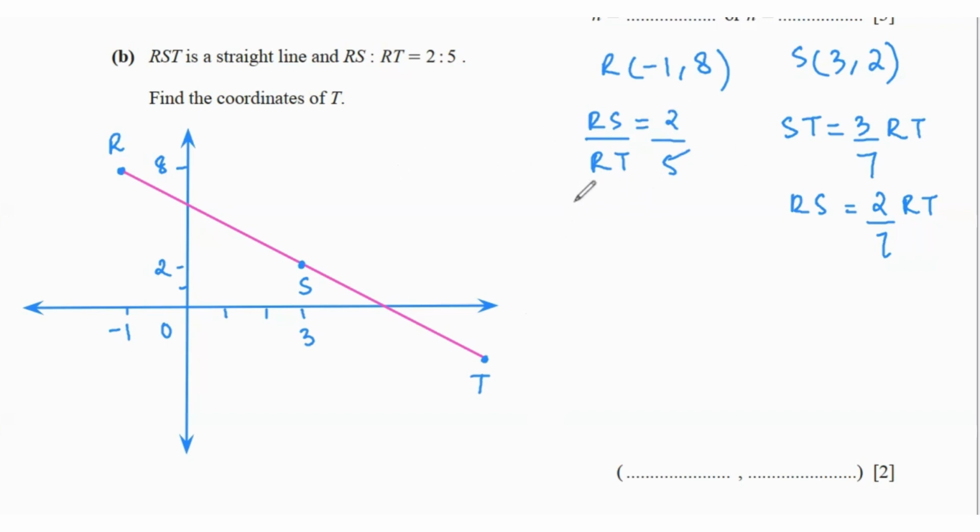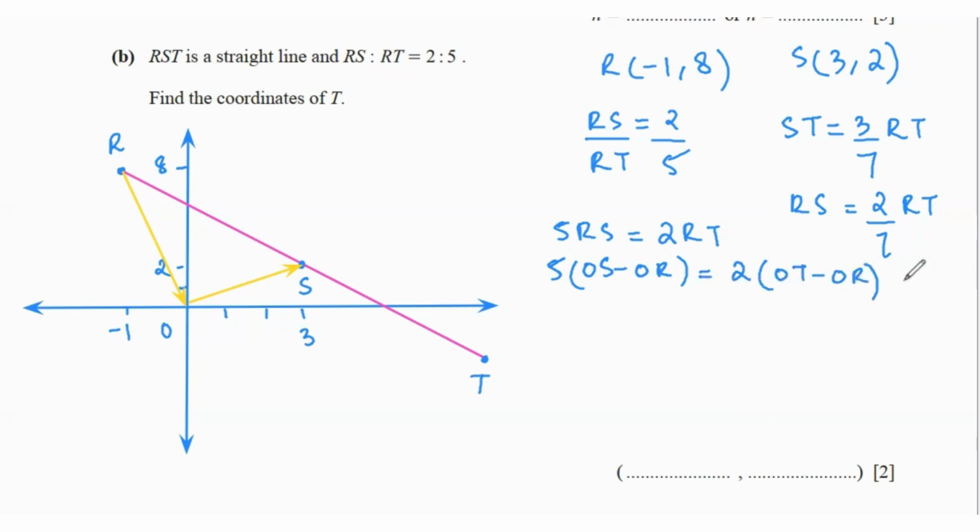If we cross multiply this, 5 times RS equals 2 times RT. Now RS is basically RO plus OS, that is OS minus OR. Similarly, RT is OT minus OR. So you multiply 5 with OS and OR.